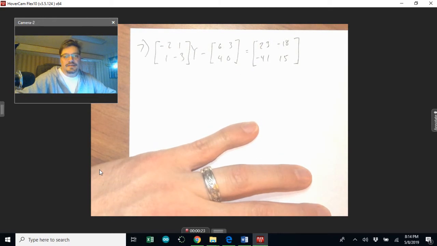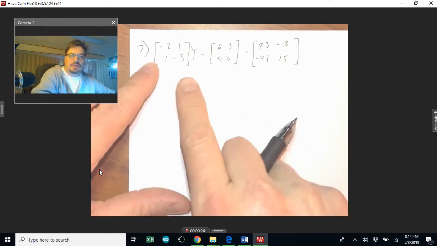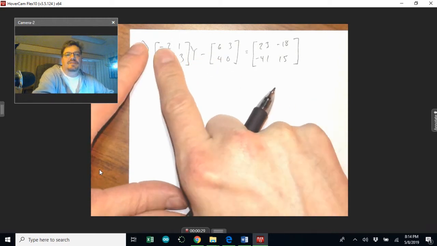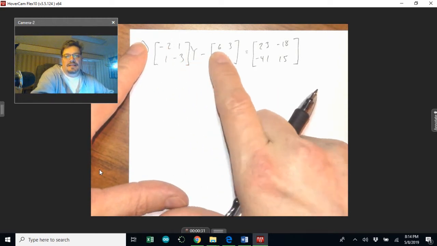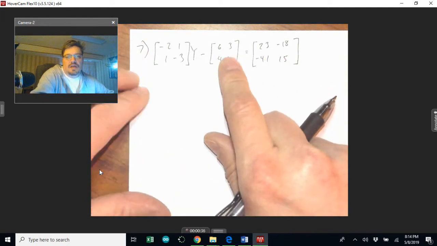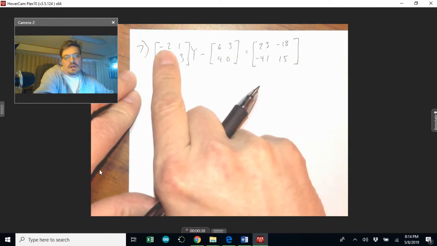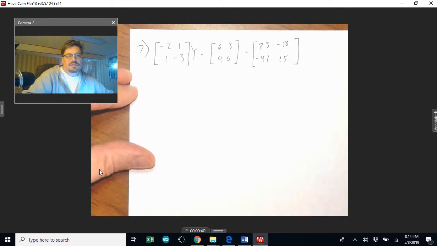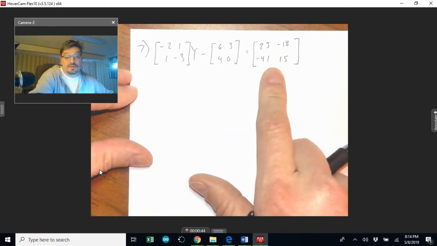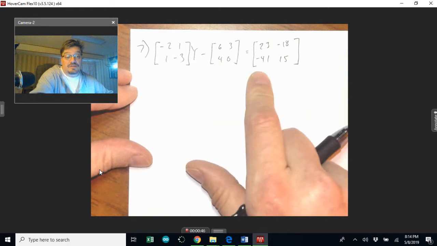So here we go. We got this matrix equation. Now, if this was negative 2y minus 6 equals 23, then I would add this matrix, and then I would divide by negative 2. The only problem with matrix equations is that, yes, I will add this whole matrix to this matrix, but I have to make sure that the dimensions match.